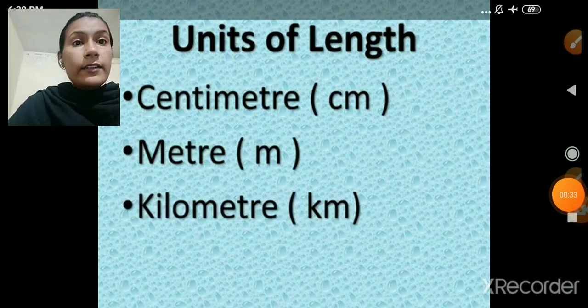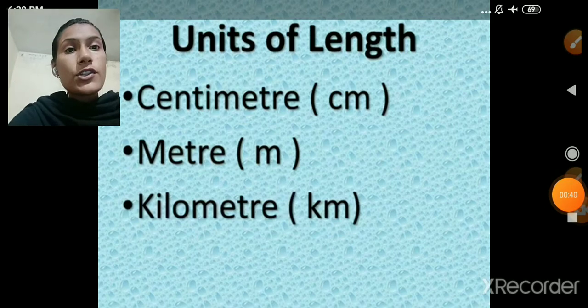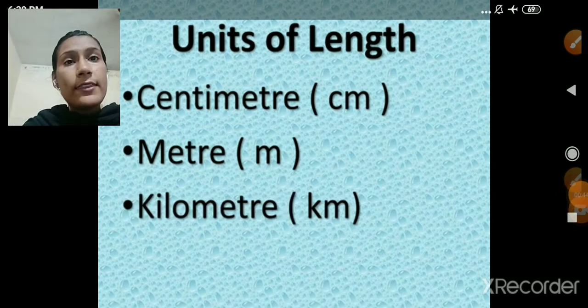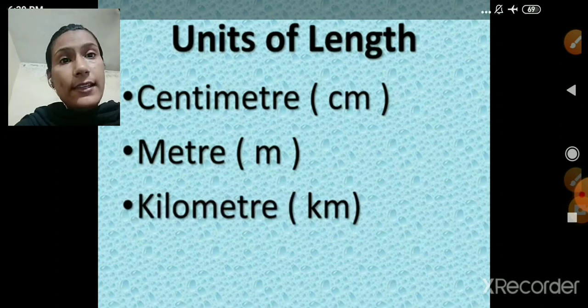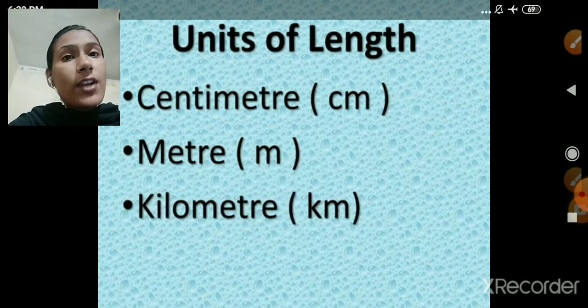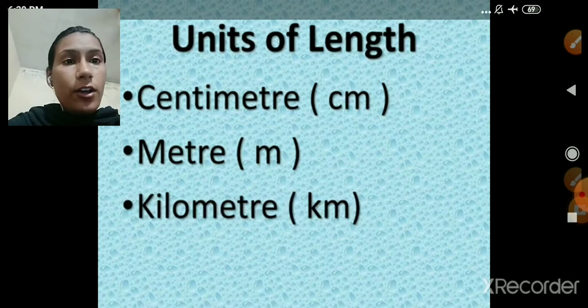You know there are 3 units of length: centimeter, meter and kilometer. Centimeter is a small unit of length and it is used to measure small lengths like a pencil or pen. Meter is a standard unit of length. It is used to measure the length of slightly larger objects like a wall or cloth.